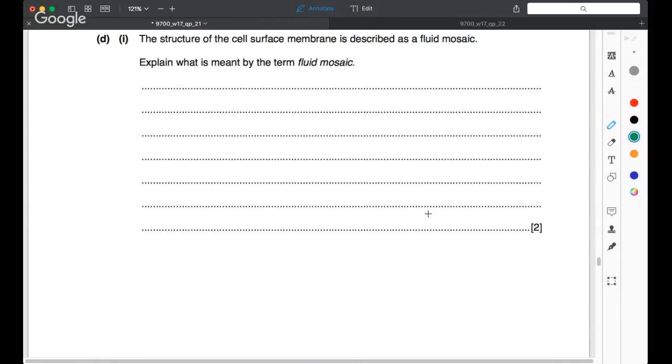So amongst the proteins as well, there's variation. So mosaic is just about different proteins interspersed on the surface. But yes, you get the marks.